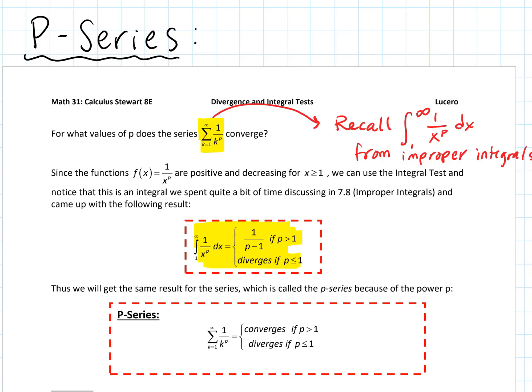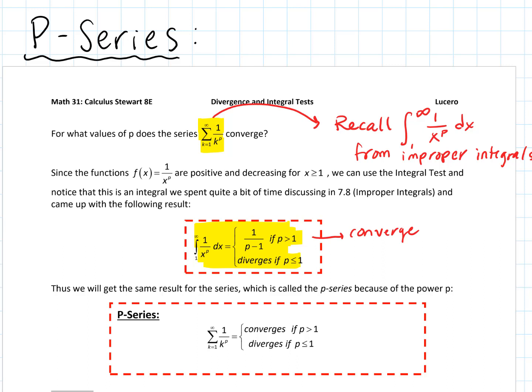We knew that the integral from 1 to infinity of 1 over x to the p dx would converge for p greater than 1, and it would diverge otherwise.